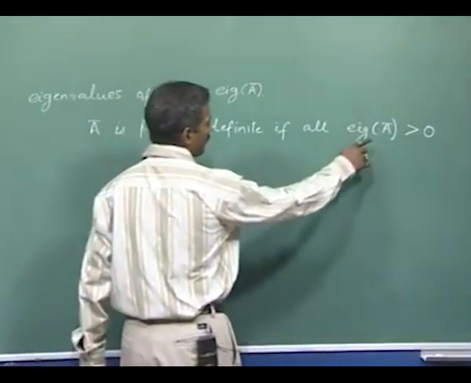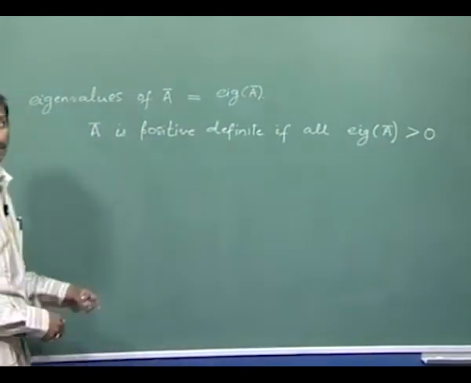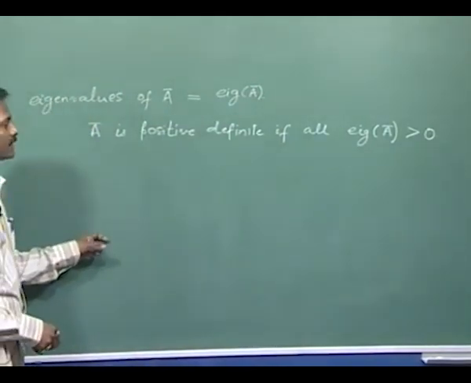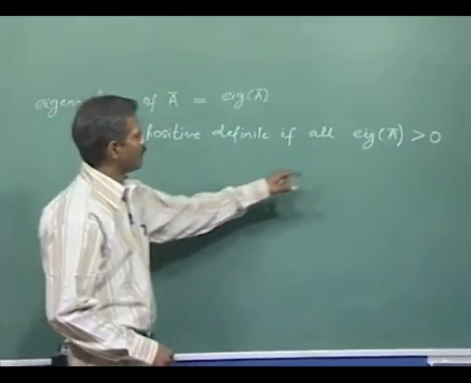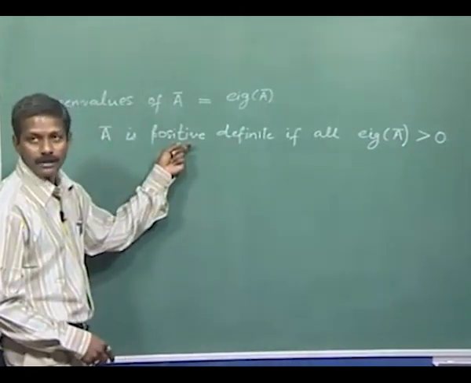If some of them are equal to 0, then we call A positive semi-definite. If some of the eigenvalues are negative, then A is not positive definite.